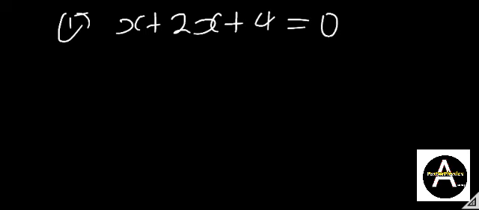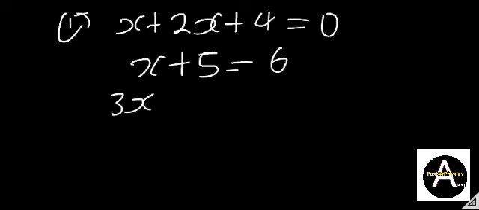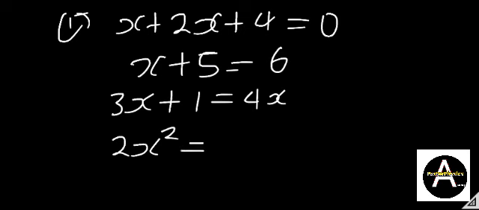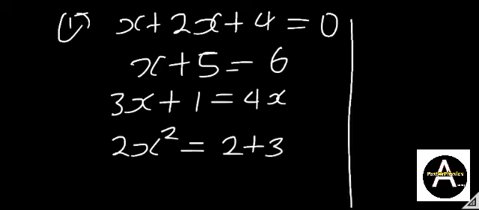Number 1, solve x plus 2x plus 4 equal to 0; x plus 5 equals 6; 3x plus 1 is equal to 4x; then 2x squared is equal to 2 plus 3. So these are the assignments for today. Make sure you solve them.